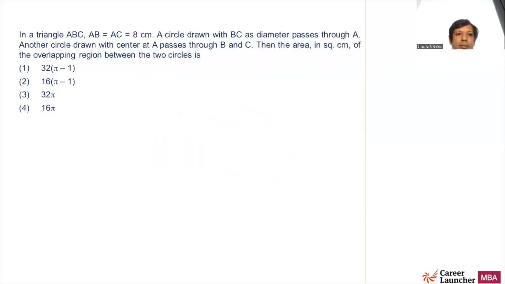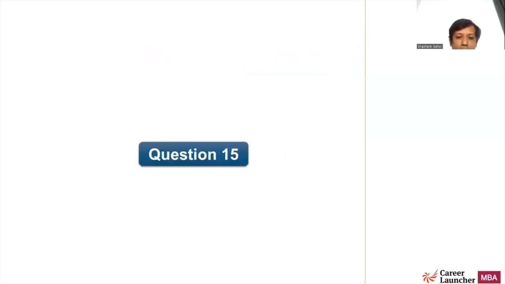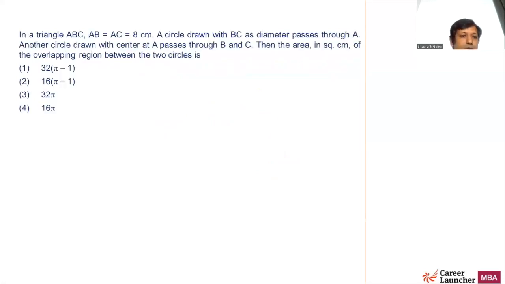In a triangle ABC, AB and AC are equal to 8. A circle is drawn with BC as diameter. So I have BC as this, and I have a circle as this.